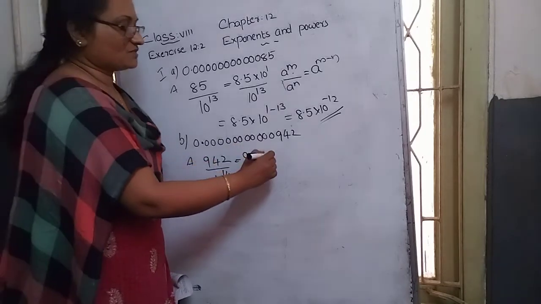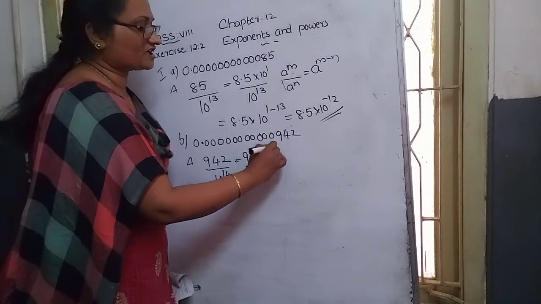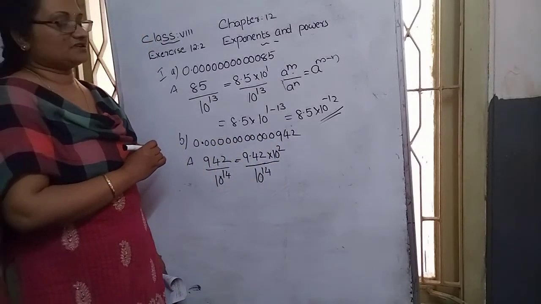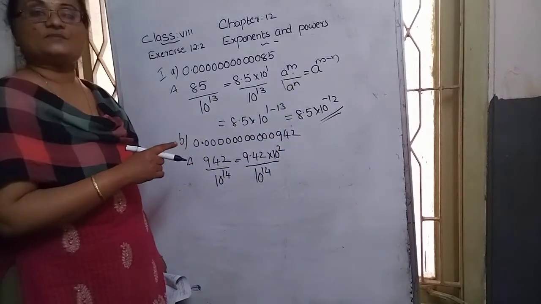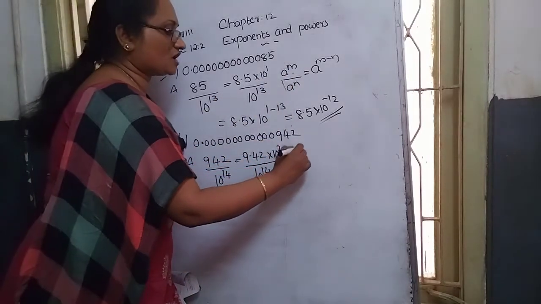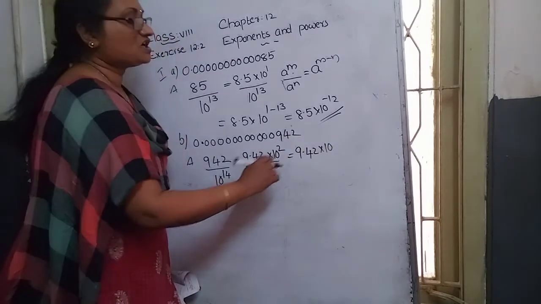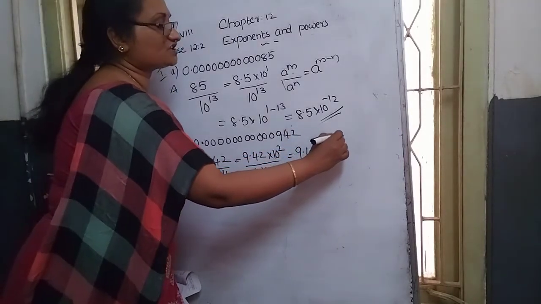Then how many digits are there after the decimal point? Two digits, so in the numerator we multiply with 10 power 2. Then they are in the form a raised to m by a raised to n. Same base means write the base one time, and the powers are subtracted. Numerator power is 2, denominator power is 14.